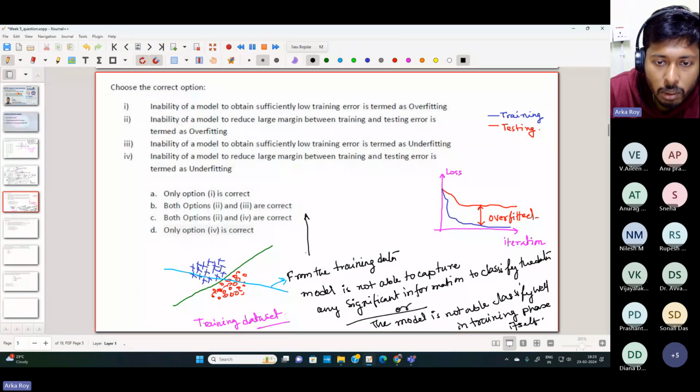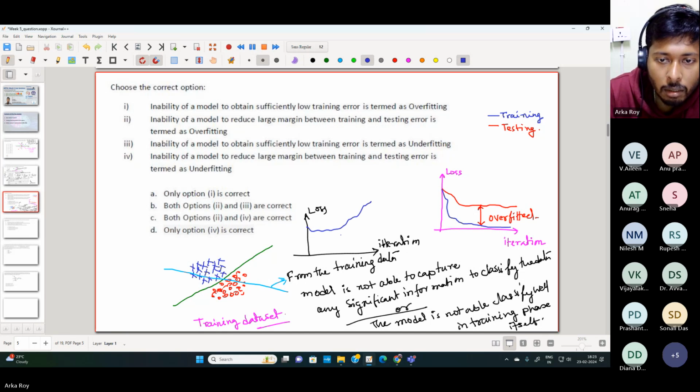So if I show you the loss curve again, this is the loss and this is iteration on the x-axis. Your training curve itself is something like this. That means you are incurring a huge amount of loss while training. So this condition means your model is not able to classify well in the training phase itself.